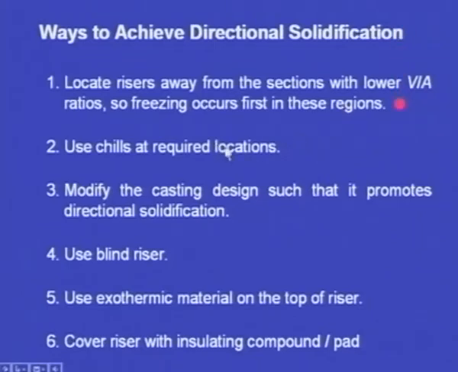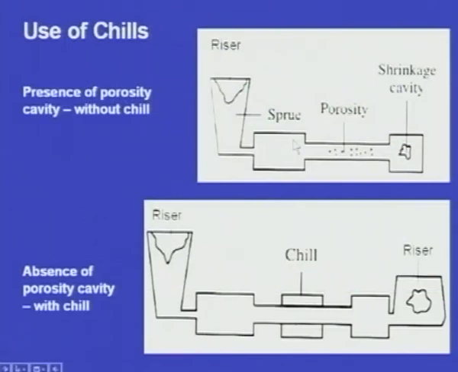Next one, use chills at required locations. What are these chills? Here we can see this is a casting, and here the porosity has arisen, so finally it will result in shrinkage cavity. On the other hand, we have kept a chill here. Chill means a metallic block.